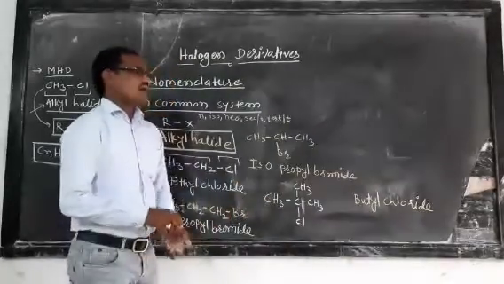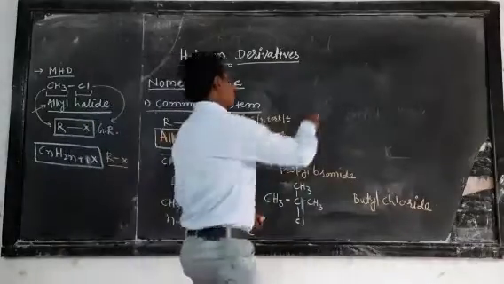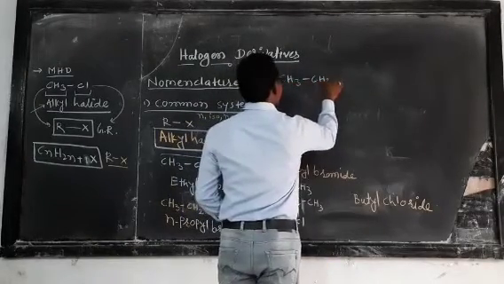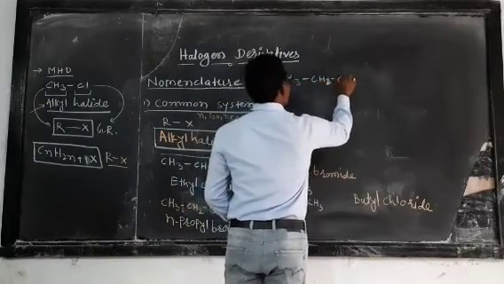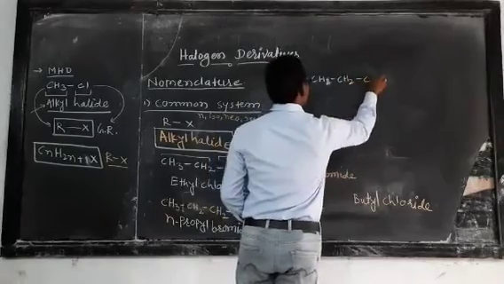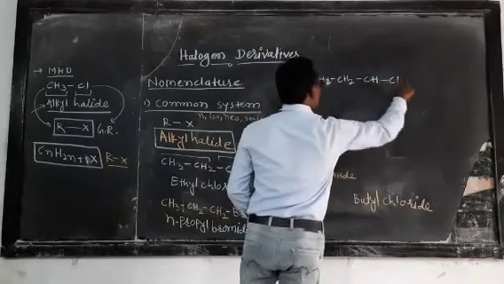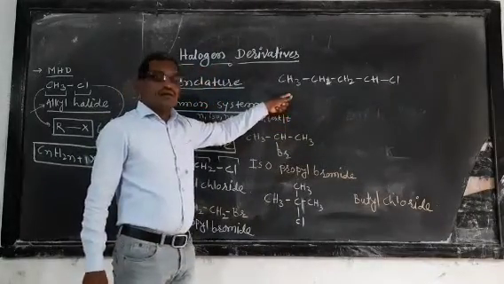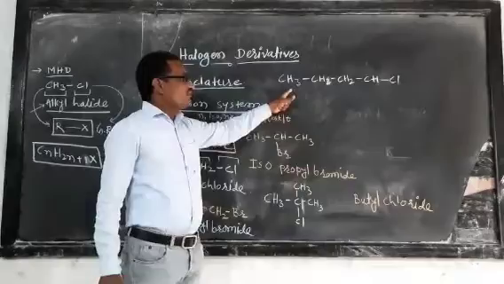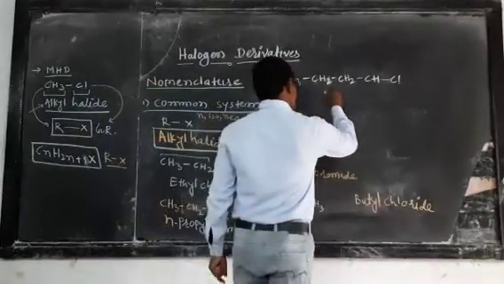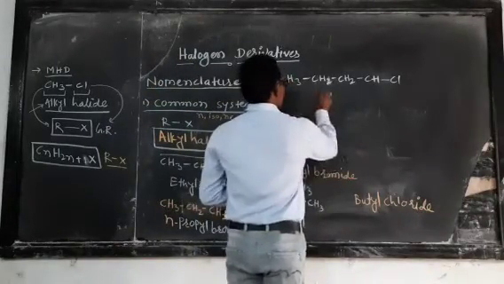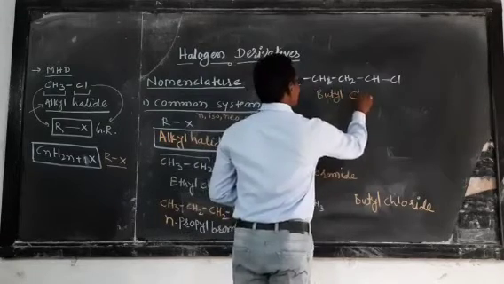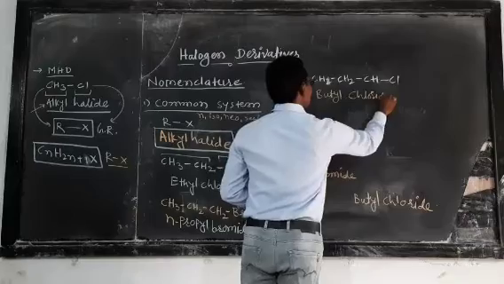And I will write another example. CH3, CH2, CH2, Cl. This is also a 4 carbon atom containing halogen derivative. 4 carbon means here also butyl chloride.